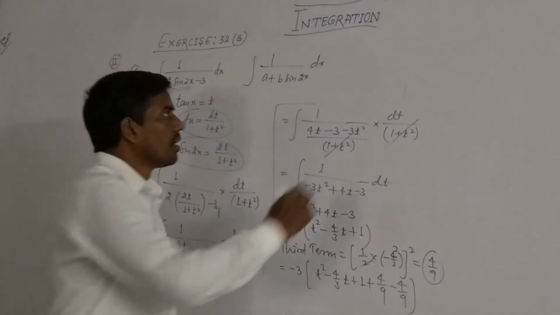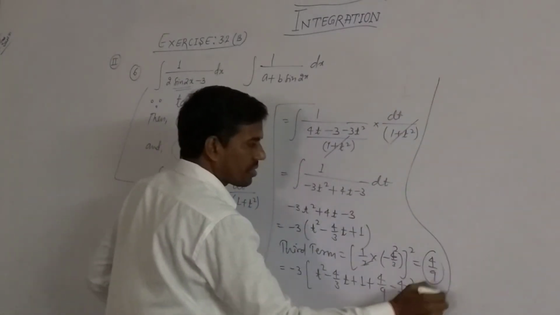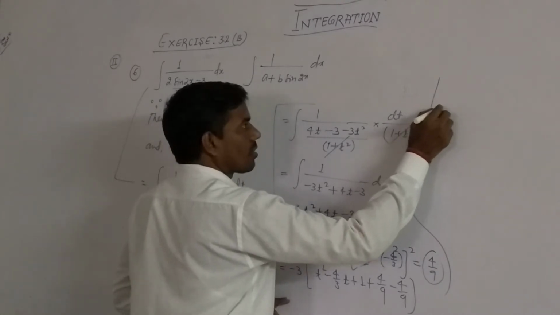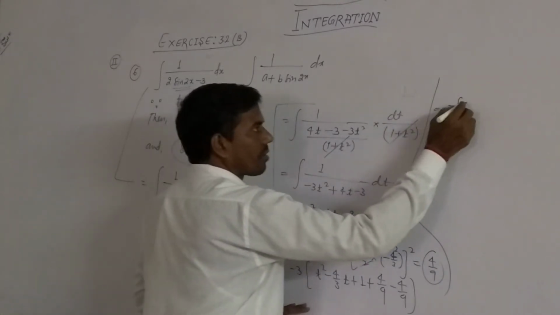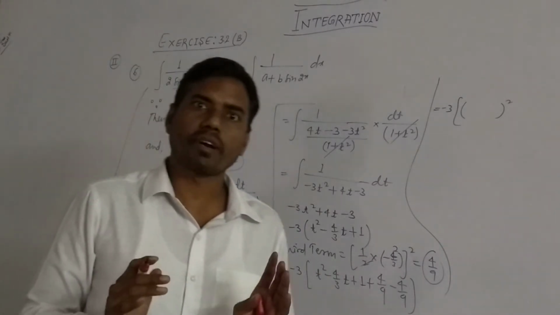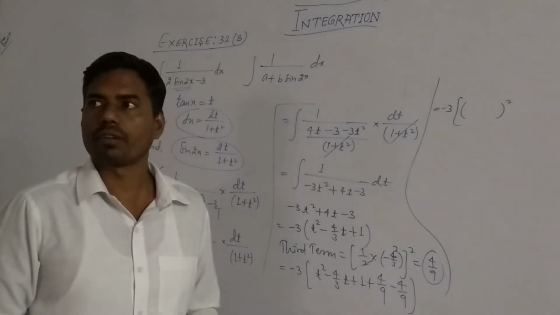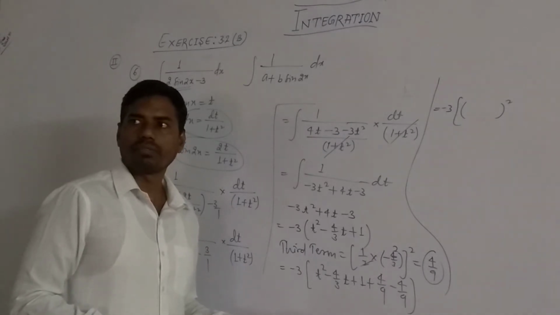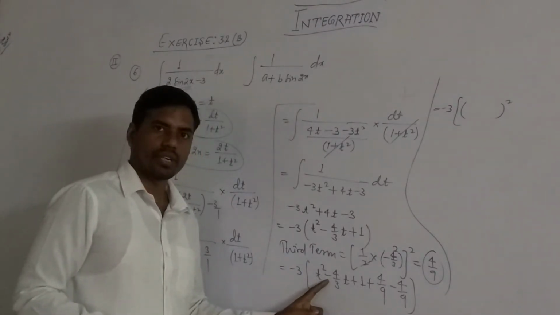Our next step: this is equal to minus 3. Make the first perfect square term, that is a minus b or a plus b whole square, depending on the sign, which here is negative.